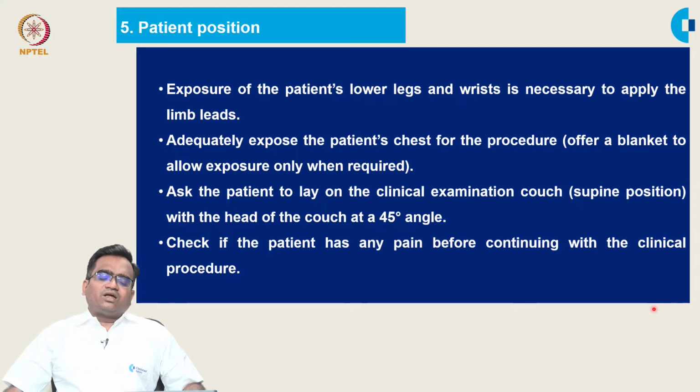The patient has to lie down on a clinical examination couch with the head tilted at an angle of 45 degrees. Ask the patient whether the patient is feeling any discomfort, breathlessness, pain, etc. Only if the patient is comfortable, then proceed with the ECG recording.